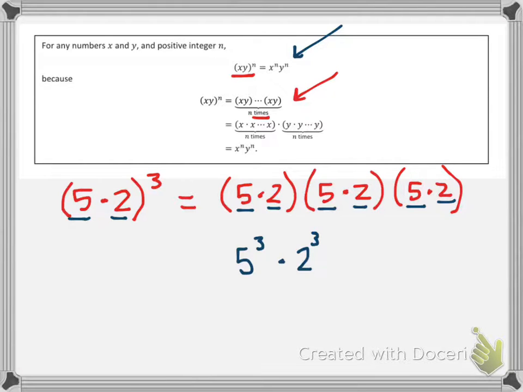So 5 to the 3rd times 2 to the 3rd, and remember that would be equivalent to this 5 times 2 raised to the 3rd power.